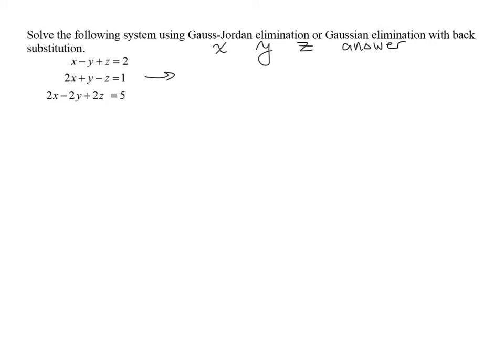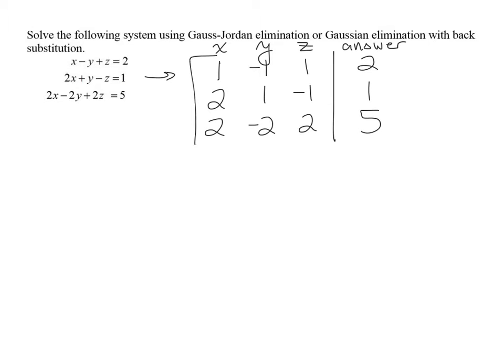So the x coefficient in the first equation is 1, and the second equation is 2, and then the third equation is 2. The y coefficients, we can write something similar for those, and the z coefficients, so we can write something similar for those, and the answers are 2, 1, and 5.